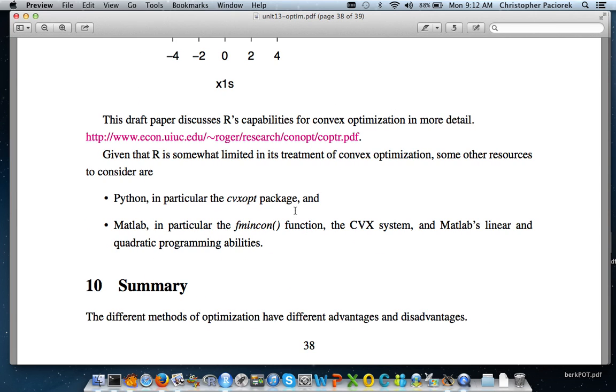So if you're really getting seriously into convex optimization, you might want to look into either Python, which has a package called cvx-opt, or MATLAB, which has a function called fmincon, and also some sort of system for doing convex optimization. I think the two of these might be related. I think there may be some more general software package that both of those are hooking into. Obviously I don't know the details off the top of my head. So those are both options that are out there.